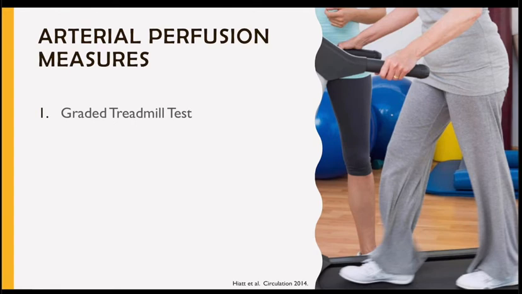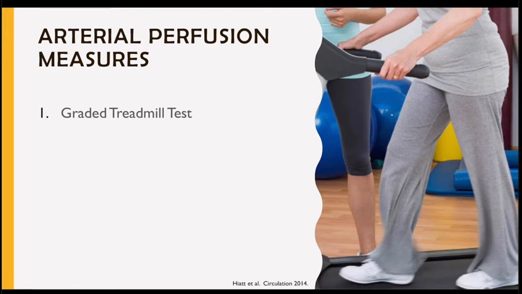Now, sometimes the graded treadmill test is reported as the initial claudication symptom, how long until they have the very first feeling of pain. It is also sometimes reported as the maximal claudication symptom.